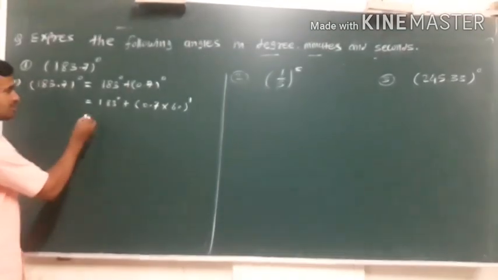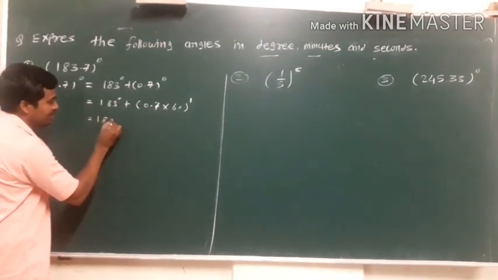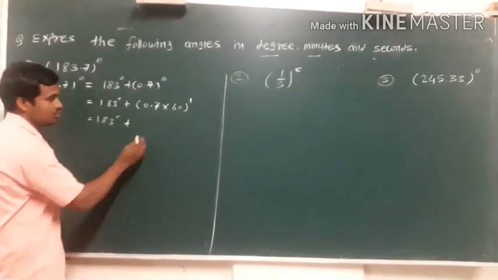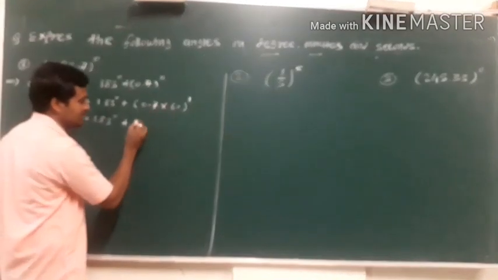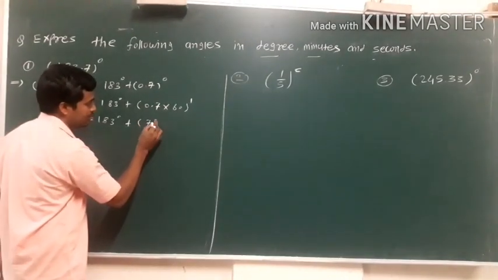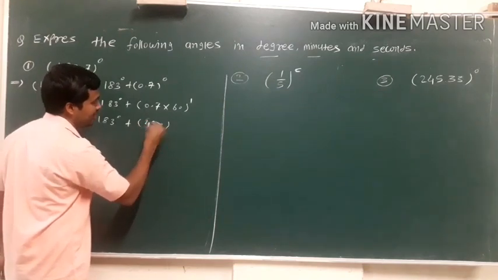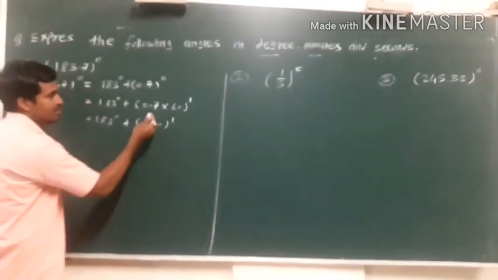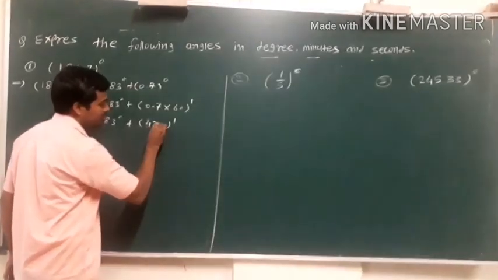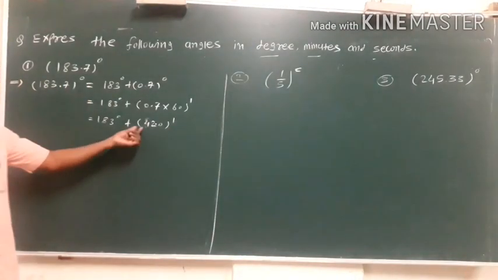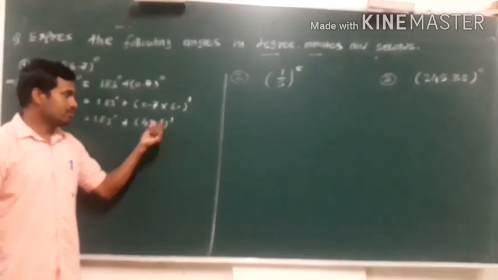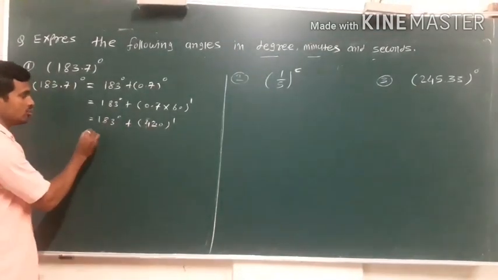Then the next calculation: 183 degree as it is, 0.7 multiplied by 60. That is 420, and then with the decimal point, 42.0 minutes.